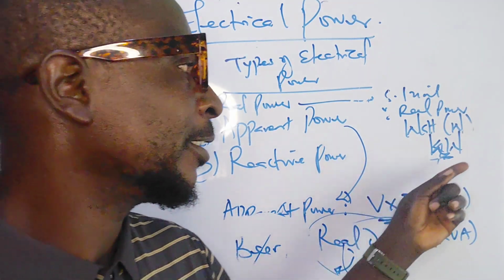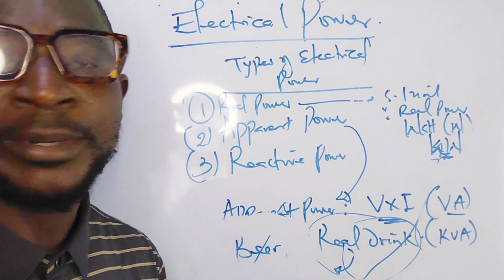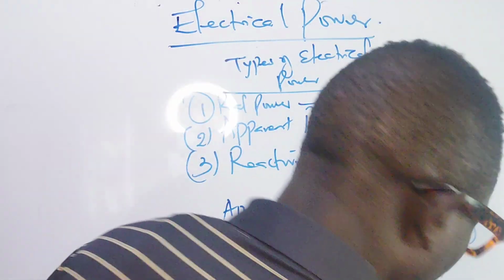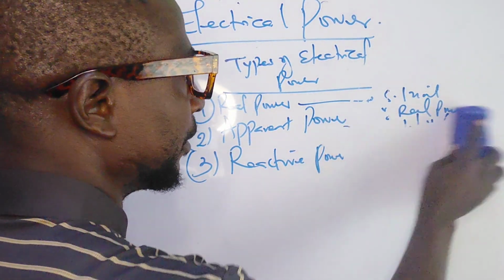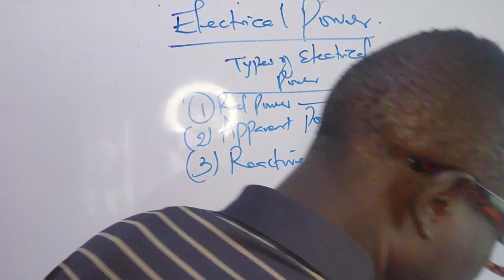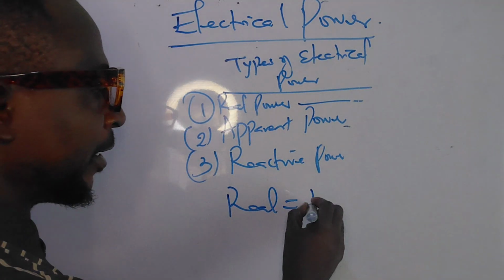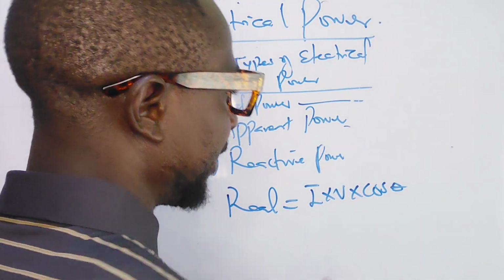So that takes us to the relationship between real power and apparent power. We say real power is I times V times cos theta.